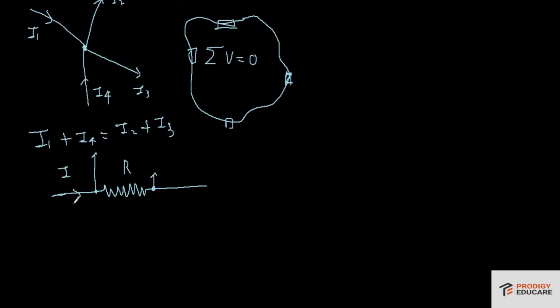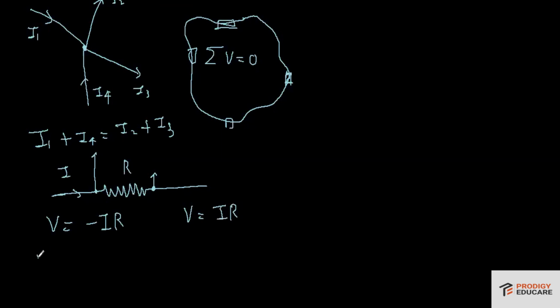So when I'm moving in the direction of current, say from left to right, in that case, the value of voltage, I should write it as minus IR if I move in the direction of current. And if I move in the opposite direction of current, like say from right to left, in that case, our potential is increasing. So voltage we have to write as plus IR.